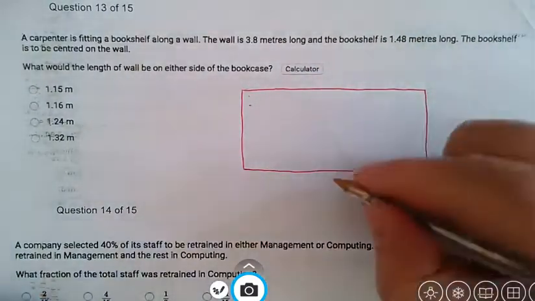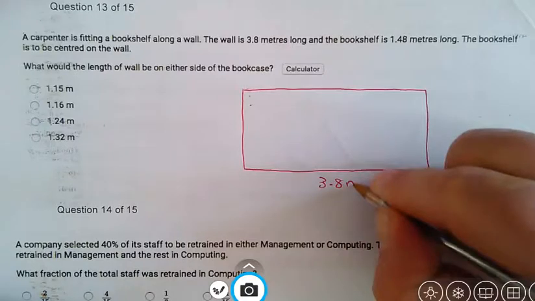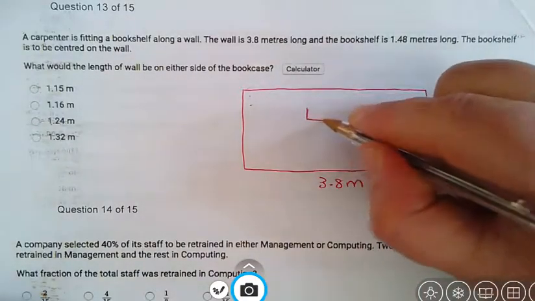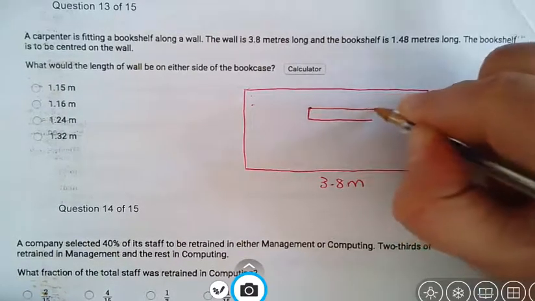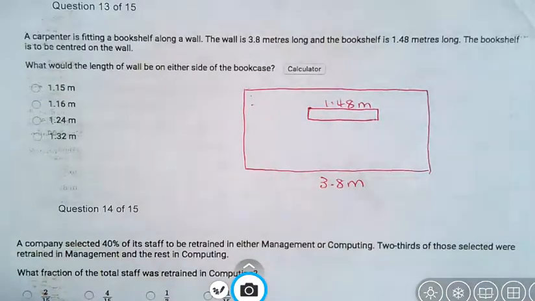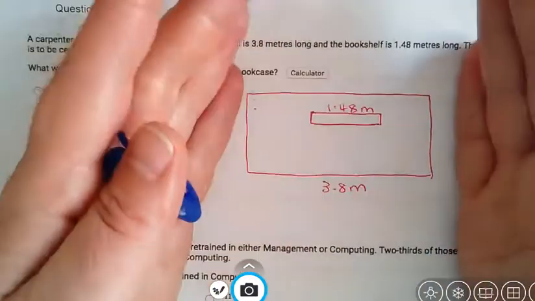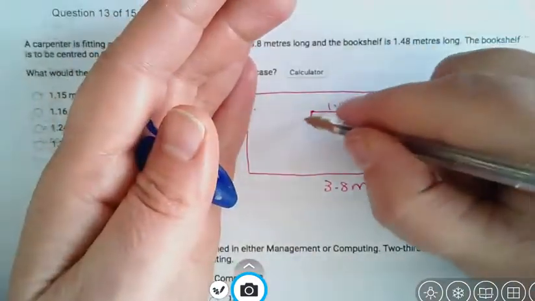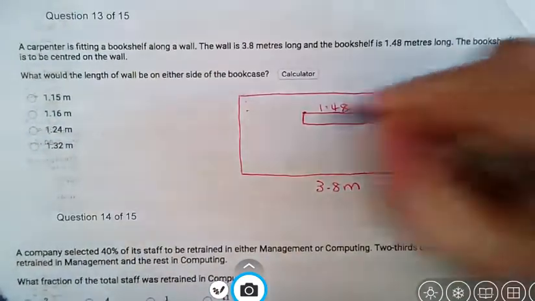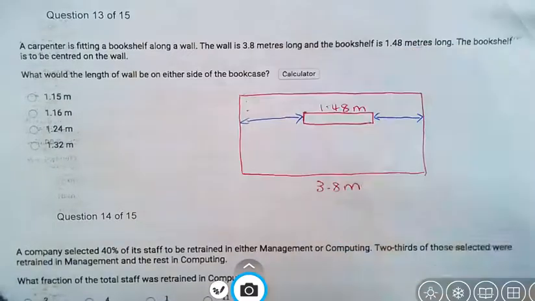And the wall is 3.8 meters long, and I want to put my bookshelf in the middle. It's like this. And my bookshelf is 1.48 meters long. And here's my wall, and I want this bookshelf centered. So this distance here has to be equal to this distance there.